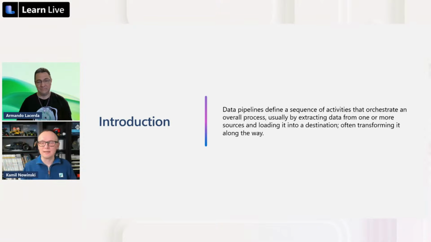Yeah, so the data pipelines define the sequence of activities. It's like a wrapper of the activities. You can put them in appropriate order. You can put in the dependencies, and that is the orchestration. Yeah, so that's the orchestration, and you can orchestrate an overall process using those activities, and usually it's by extracting data from, as I said, one or more sources and loading that data into the destination.